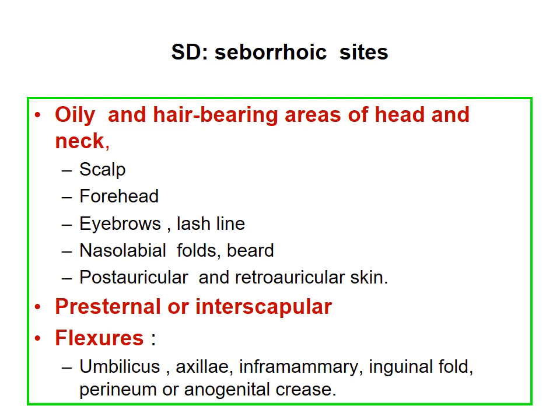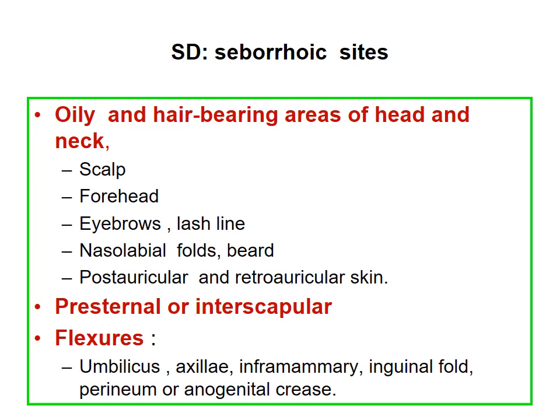Seborrheic sites. This is the target of seborrheic dermatitis. They are oily and hair-bearing areas of the head and the neck, like scalp, forehead, eyebrows, lash line, nasolabial folds, beard, post-auricular and auricular skin.